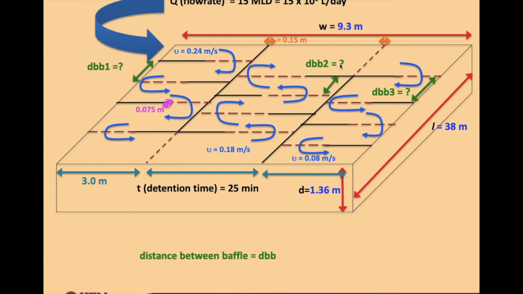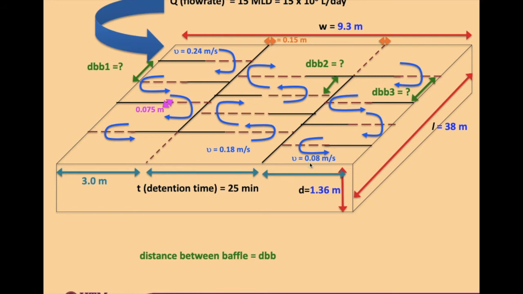That means you must have a different distance between baffles. DBB is distance between baffles, and this DBB1 is another thing that we have to calculate. After it goes to the third compartment, there is also a different speed, which is 0.08 meter per second.